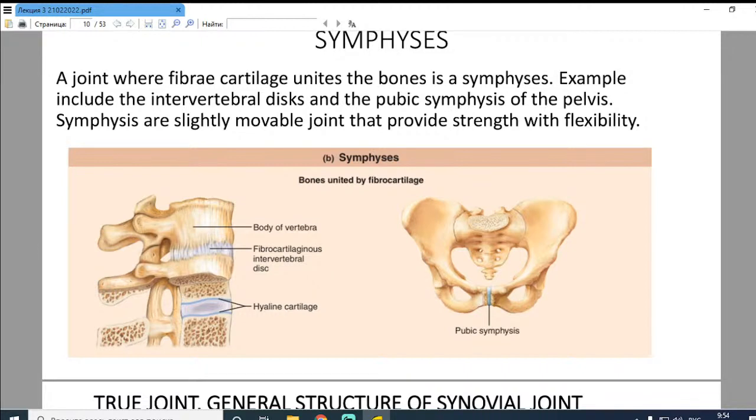Symphyses are slightly movable joints that provide strength with flexibility. It is an example of symphysis: pubic symphysis and the fibrocartilaginous intervertebral disc. What you see, part of the vertebra. What you see, hyaline cartilage.